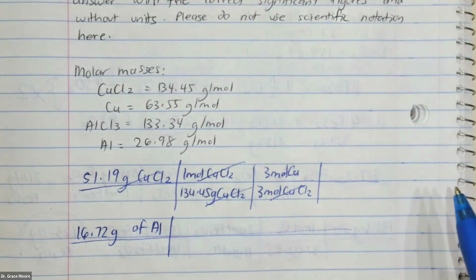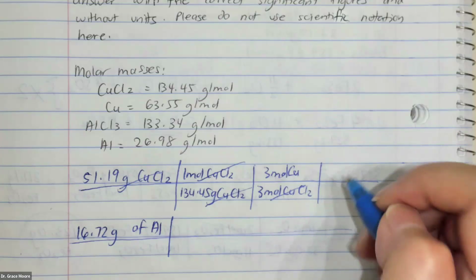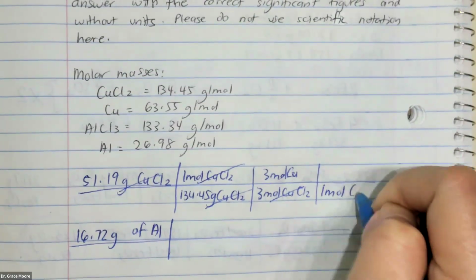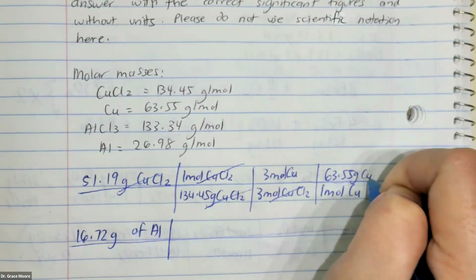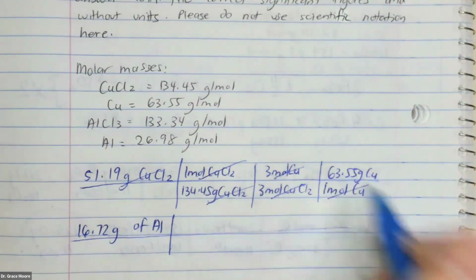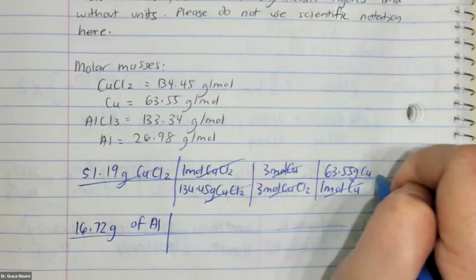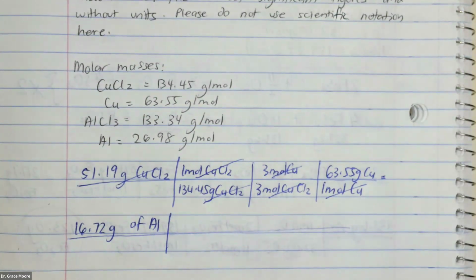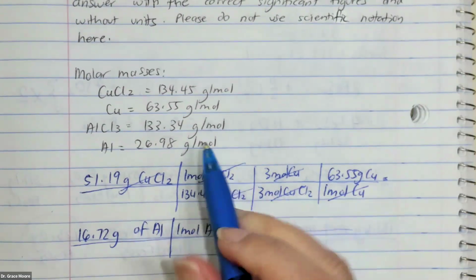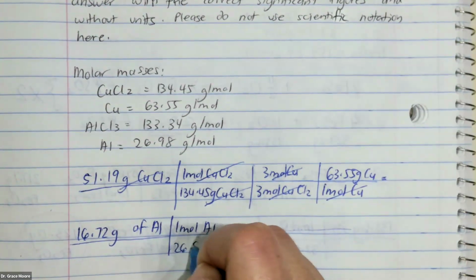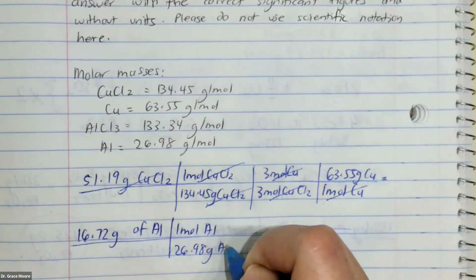Once I get moles of copper, I really want to get it to grams of copper, so I use 1 mole of Cu. It's going to weigh 63.55 grams. Now, this is found on the periodic table, but because it's already listed, we're just going to use it. It's faster. Okay, so that's 1, and then 16.72 grams of Al will do 1 mole of aluminum is going to weigh 26.98 grams.